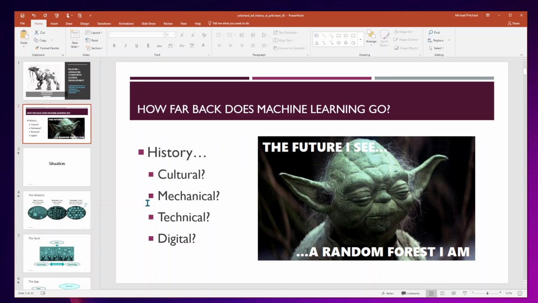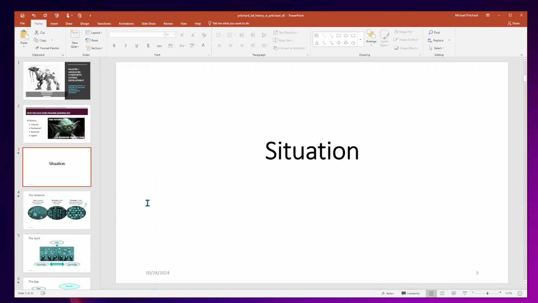So let me set the stage before I go into the history, and give you the impetus for why we are even talking about machine learning. Why is this important? And how do we evolve into this whole concept of artificial intelligence?